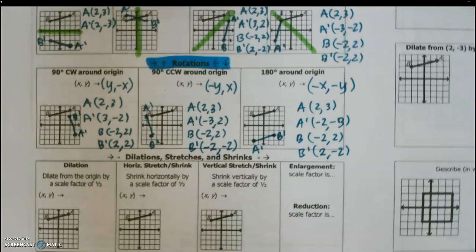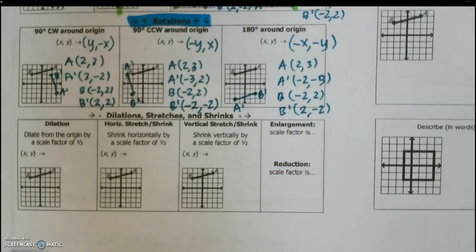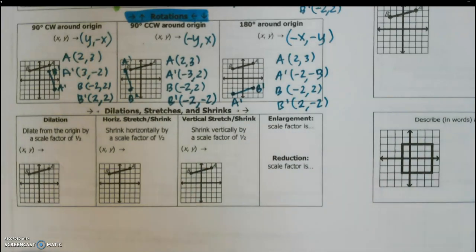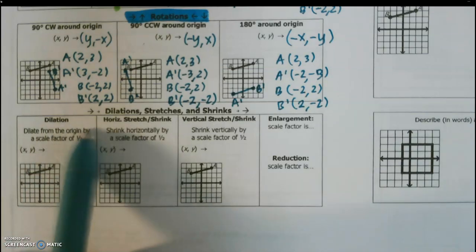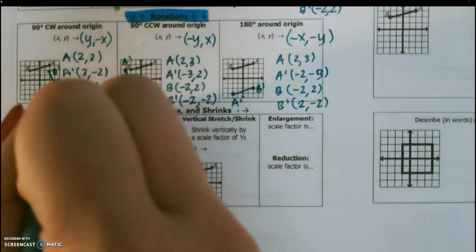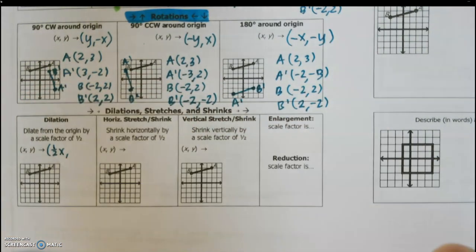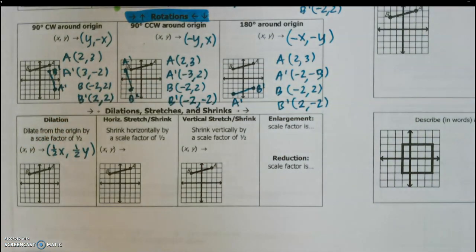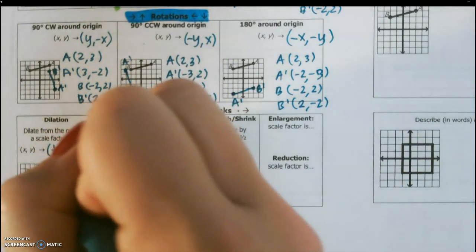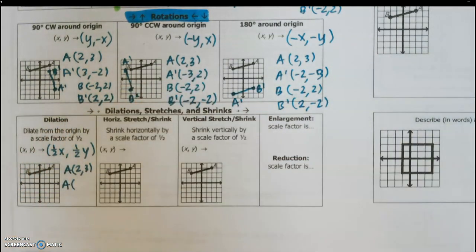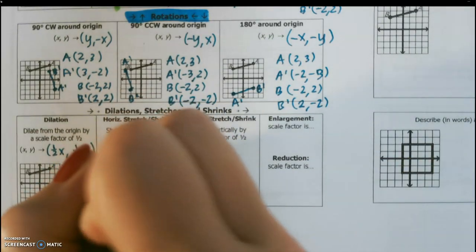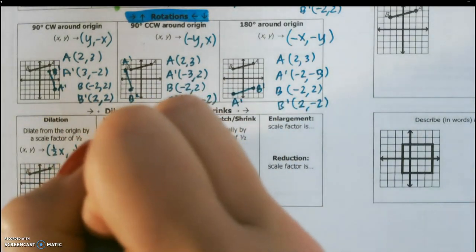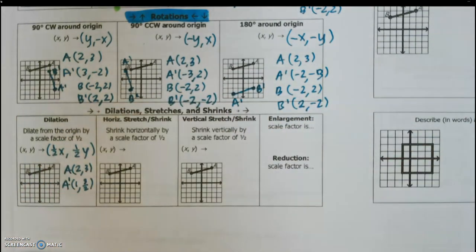All right. Next, we have dilation, stretches, and shrinks. This conversation ties in with our similarity unit because when you dilate a figure, it creates a similar figure. Now, dilating from the origin by a scale factor of 1/2, that means you're going to take your X, multiply it by the scale factor, and take your Y and multiply it by the scale factor. So if A is originally at 2 comma 3, then your A prime, 2 times 1/2 is 1. 3 times 1/2 is 3/2 or 1.5.